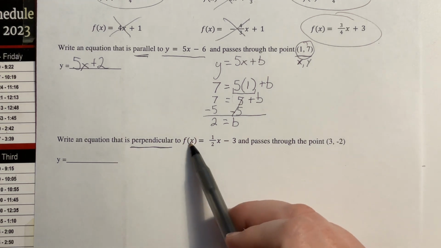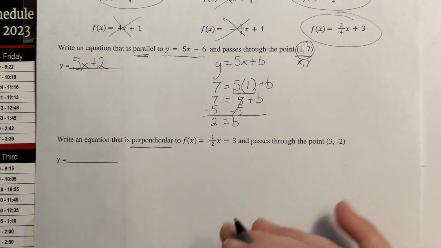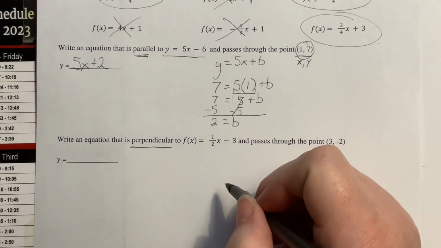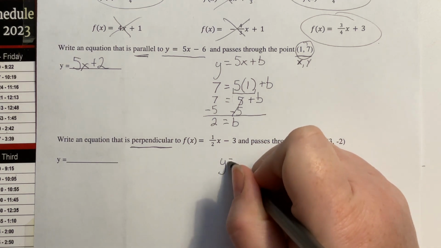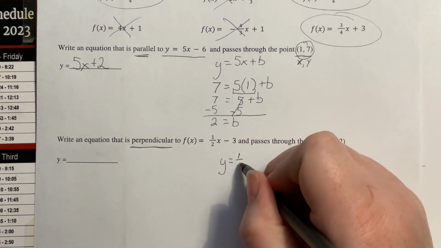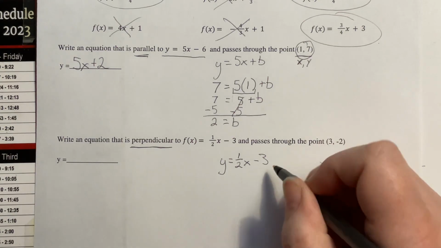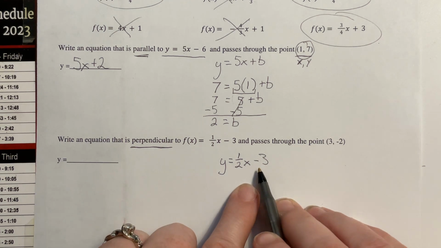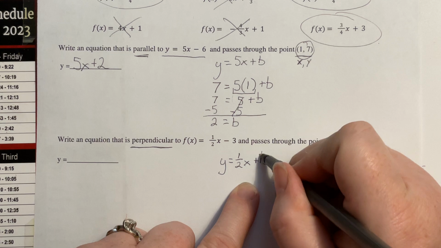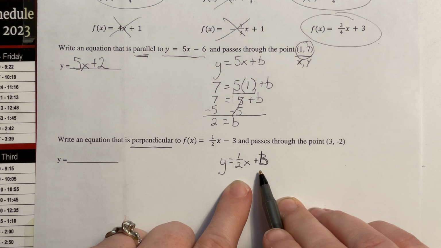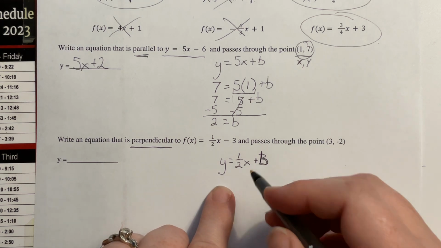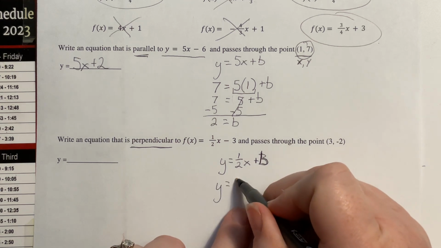First of all, remember f of x just looks scary. So we're just going to get rid of that. We're going to change it to a y. So y equals 1/2 x minus 3. Okay, now remember, we're not going to know what the b is, so let's just change that to plus b. Now this is going to give us a parallel line, okay? We want the opposite of the reciprocal. So we're going to change this to a negative.